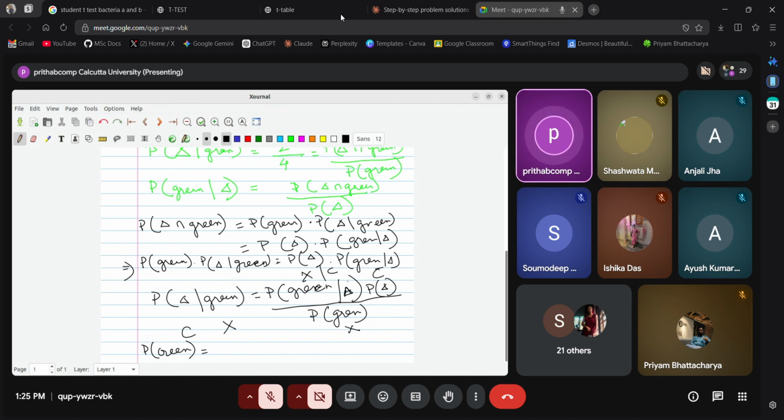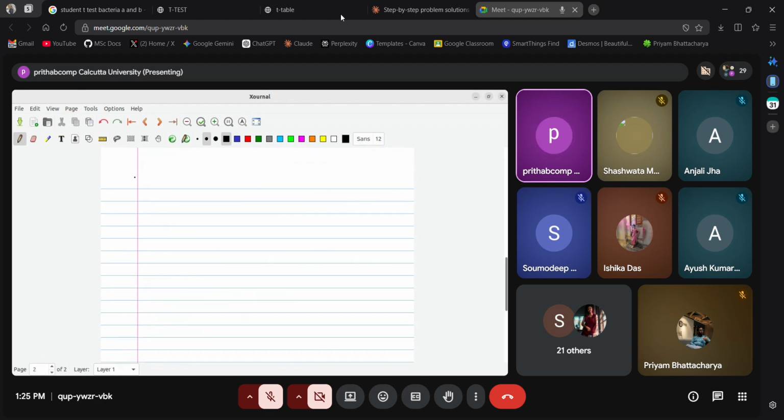So this marginal probability, P of green, is nothing but probability of green given the triangle into probability of the triangle plus probability... Okay, I have to take a new page. Let me write it once again.